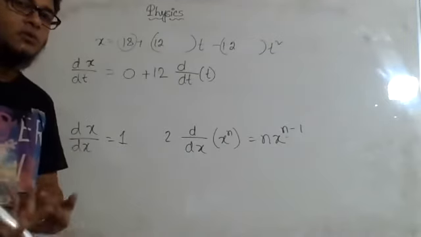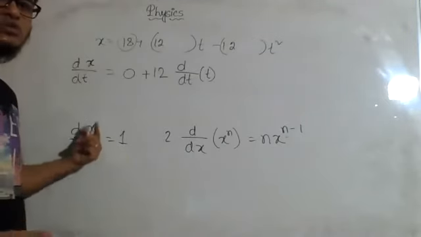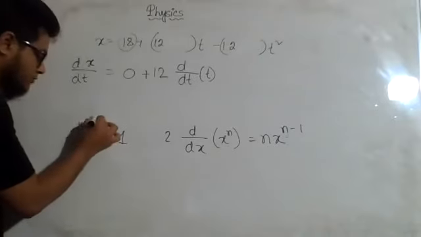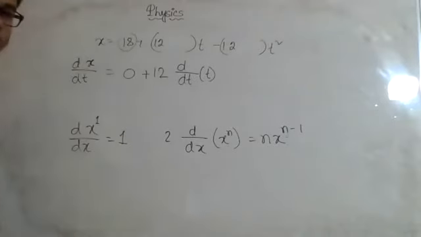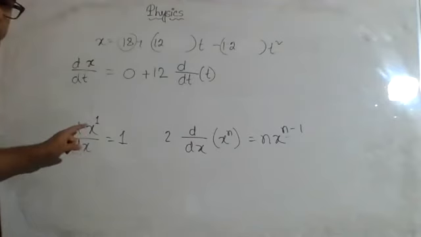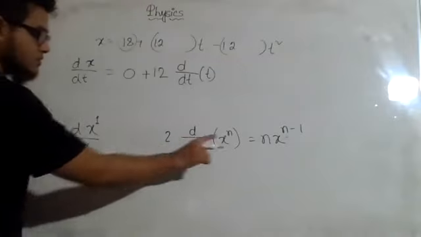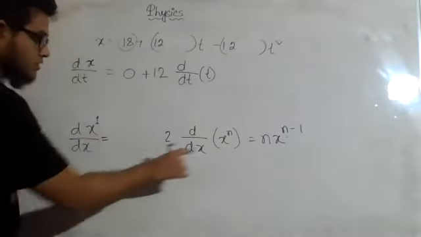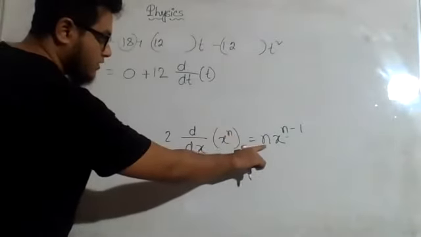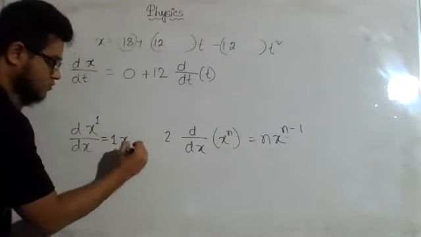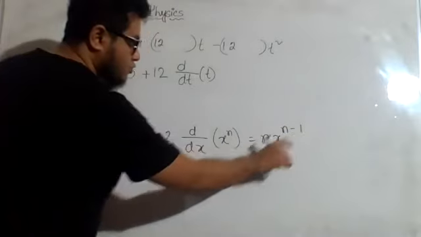You might ask, sir, how will I apply the formula here? There is no power. There is a power. Whenever there is only x, the power is 1. Now if I want to apply this formula here, this power 1 I will write first, then x to the power, and the power will be reduced by 1.